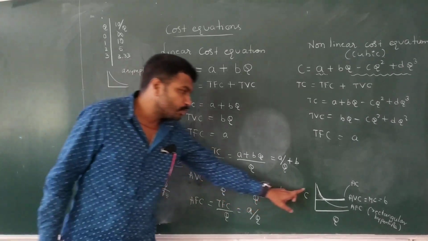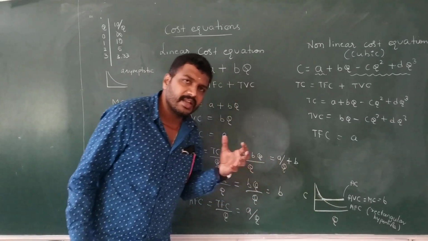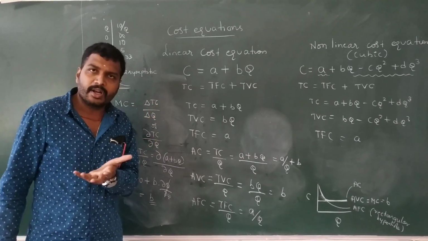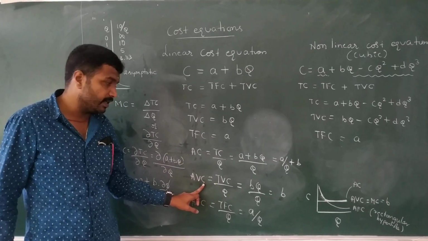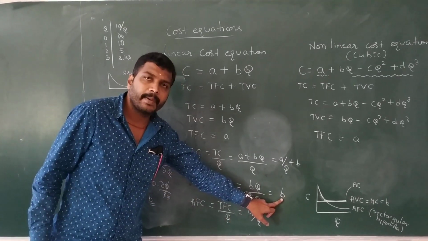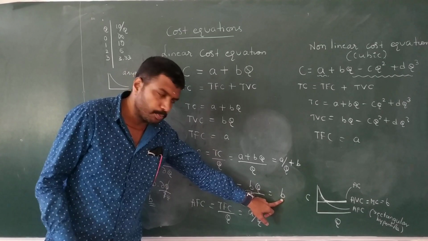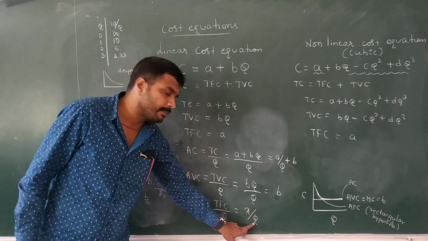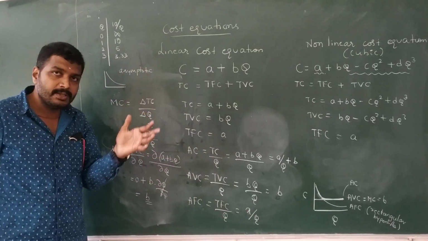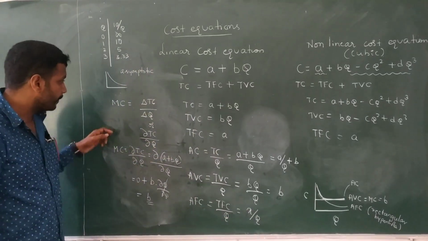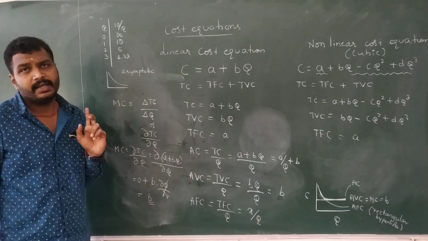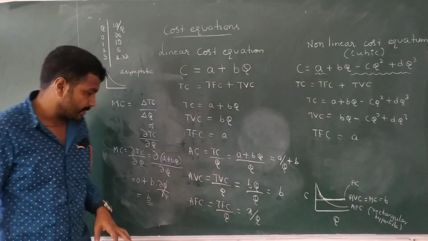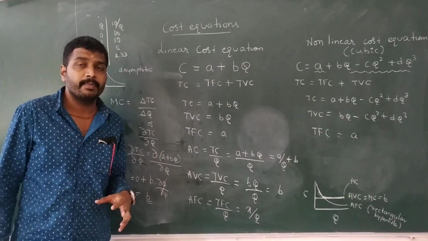The shape of AC used to be a flatter rectangular hyperbola. AVC used to be parallel to x-axis or output axis, or horizontal. AFC used to be rectangular hyperbola and a steeply falling curve. And MC used to be linear again, horizontal, or parallel to the output axis. This much you need to remember.